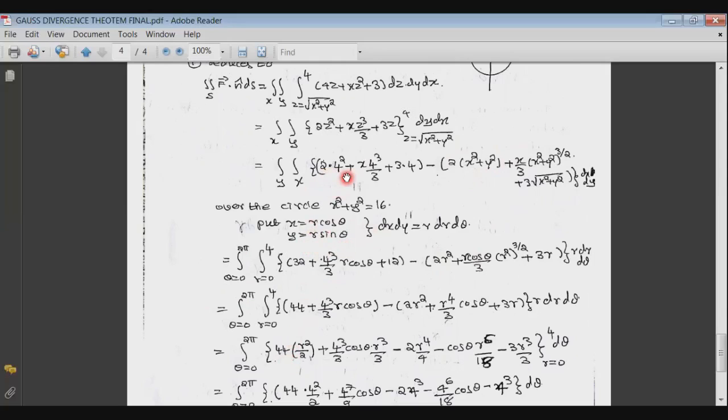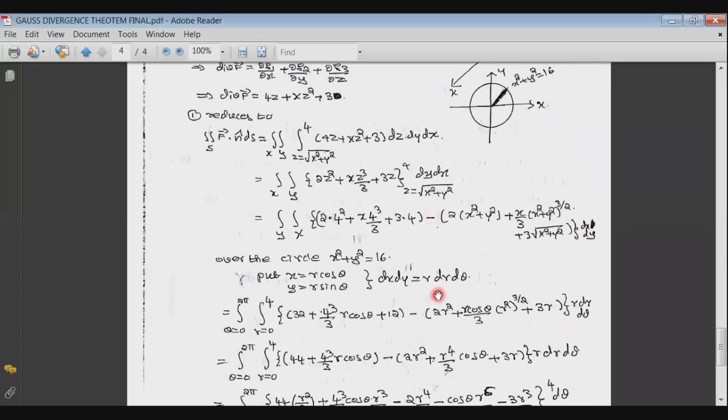Therefore, this value is 16 into 2, that is 32, and this is 4 cubed by 3 as x equals r cos theta, and this is 12, minus this becomes 2r squared plus this is x, r cos theta by 3. Now x squared plus y squared is r squared raised to 3 by 2, plus this is 3r. Then dx dy is given by, as you have written here, r dr d theta.